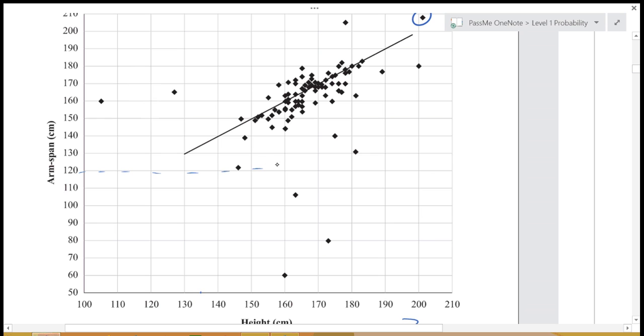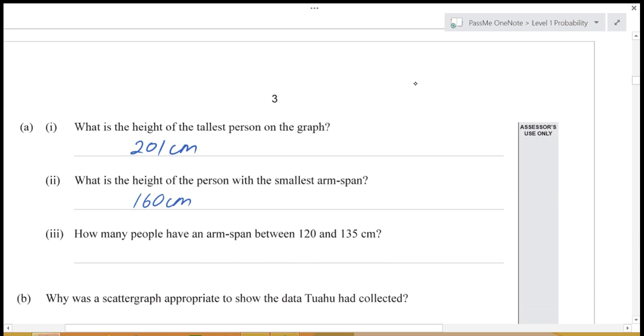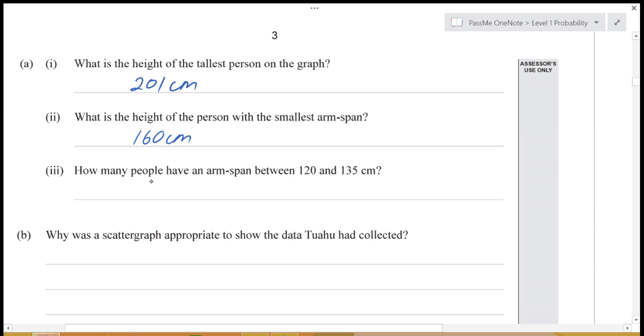There we go, I've got two people with an arm span between that length, and so we can just write 2 for that there. Okay, so we can rip through that pretty quickly, and these questions here are really just achieved level questions, and not a lot more that we can do to them other than that.